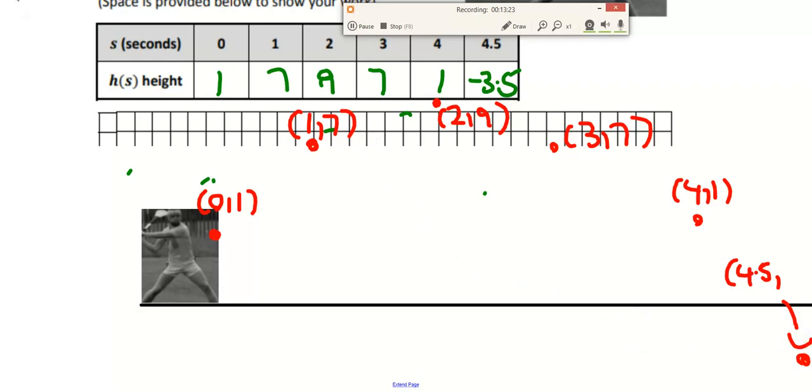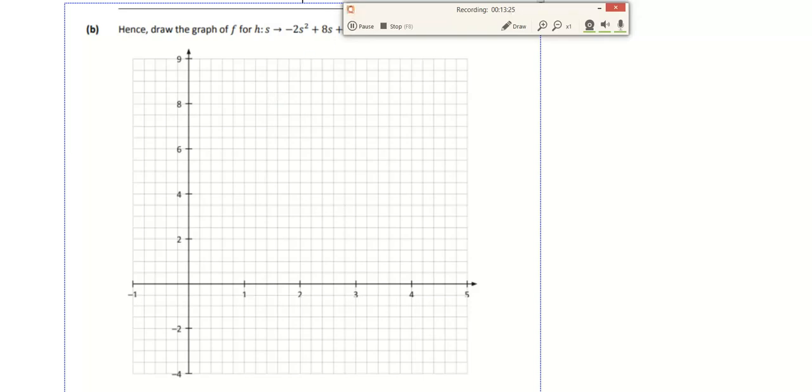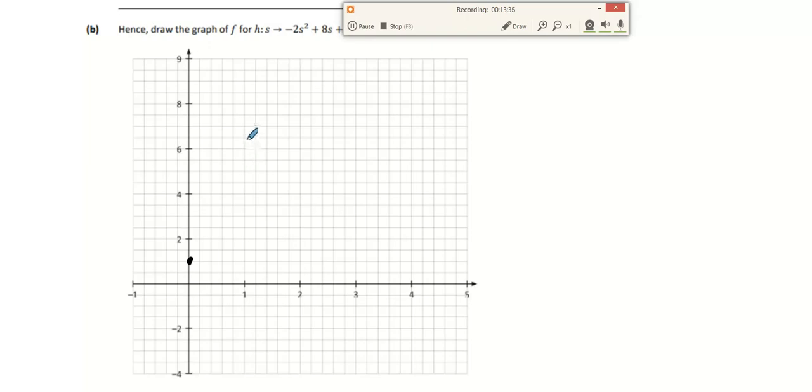Now, see what I just drew? We have to draw this up here. What's the first one again? 0, 1. 1, 7. 2, 9. 3, 7. 4, 1. 5 and minus 3, minus 3.5. Everybody draw your graph.